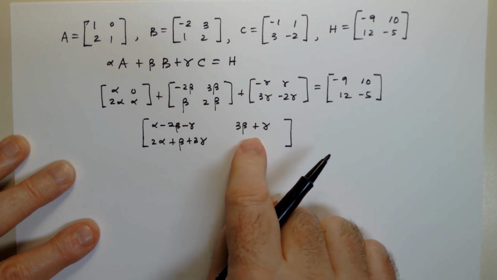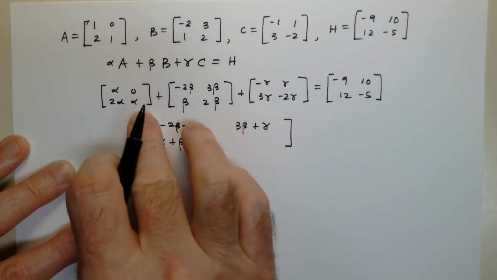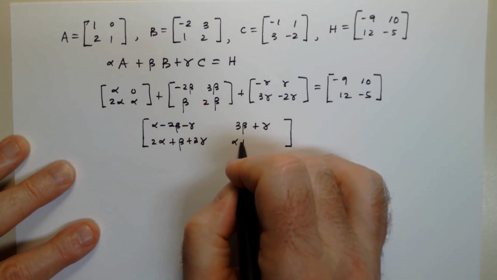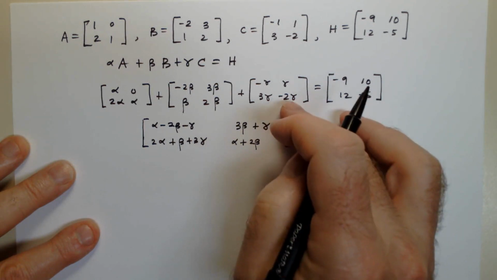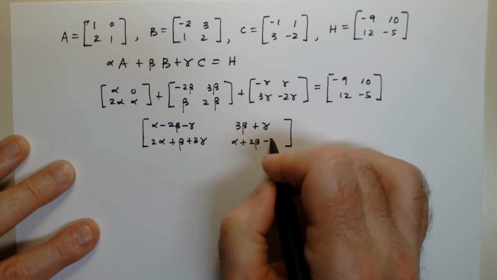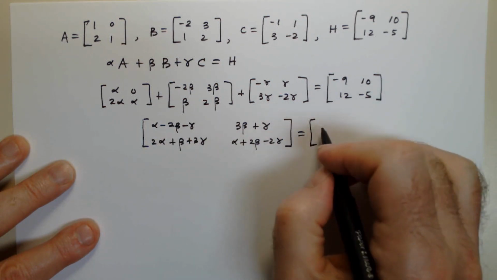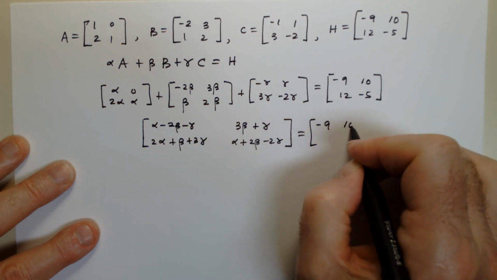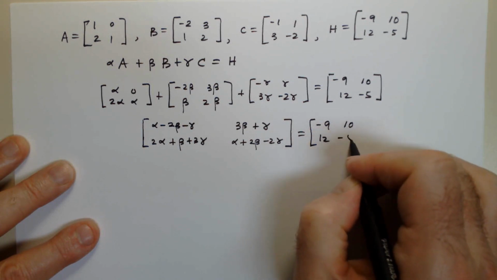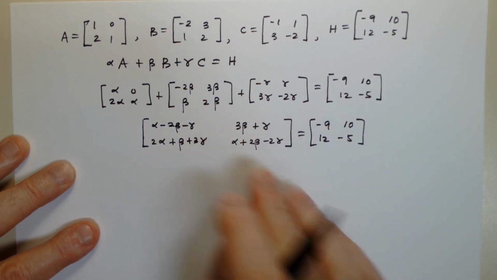And then finally in the 2, 2 position we'll have alpha plus 2 beta minus 2 gamma. And we're wondering if we can find alpha, beta, and gamma to make this equal negative 9, 10, 12, negative 5. Can we choose alpha, beta, and gamma to do this?